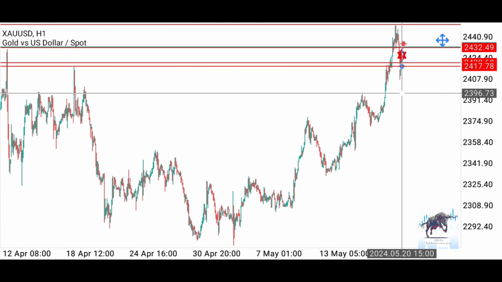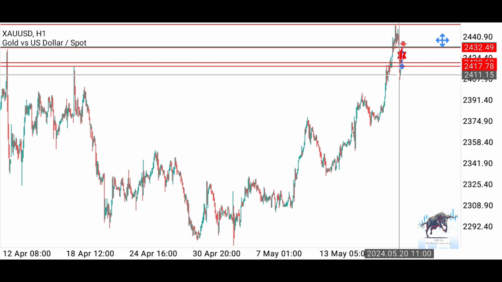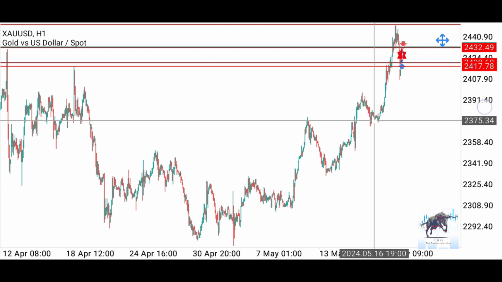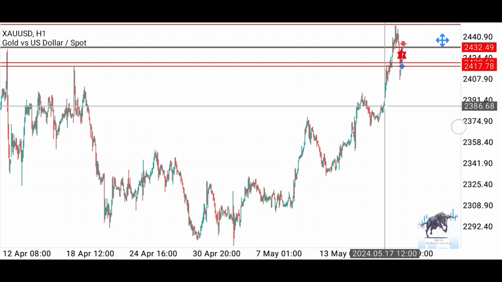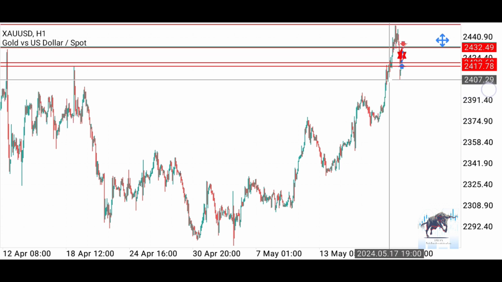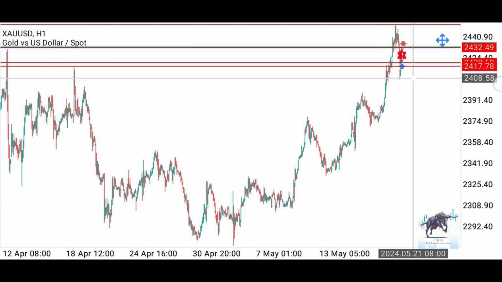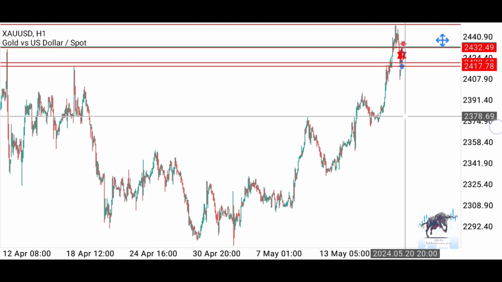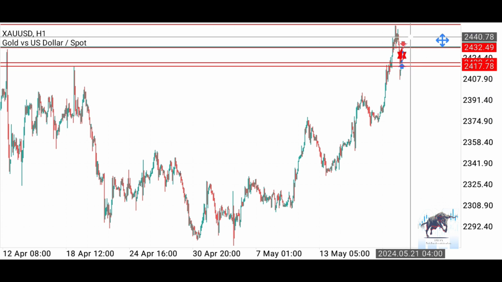I'm going to explain what I mean by equilibrium. If we are measuring this leg right here, the middle would be our equilibrium, below the equilibrium is where we would have our discount, and above the equilibrium is where we would have our premium.